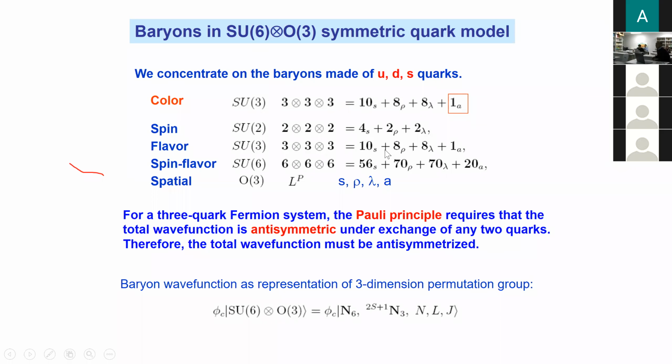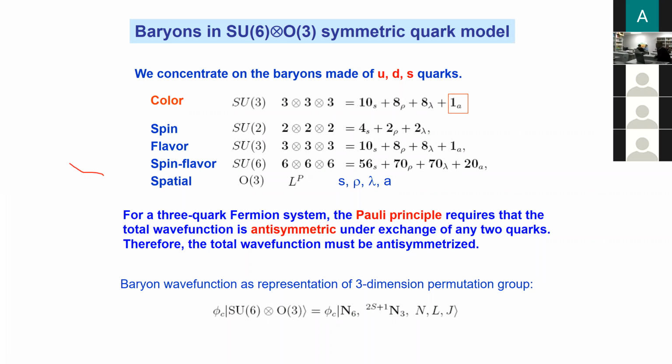And for the flavor, we also have symmetric, anti-symmetric, and the mixed symmetry. I use the superscripts S and A denoting symmetric or anti-symmetric under interchange of any two of the particles. I use lambda and rho to describe the symmetry under interchange of the first two quarks. Therefore, I can do the overall anti-symmetrization of the wave function. This convention I will come back to later, and this is usually what we apply.